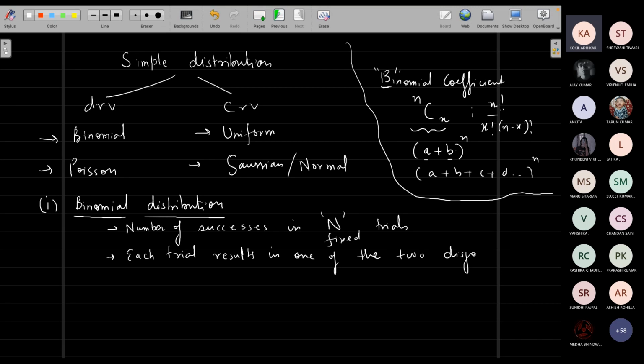So only two possible outcomes are possible: success or failure. And those are disjoint. If success occurs, then failure doesn't occur. If failure occurs, then success doesn't. If the head comes, then tail is not there. If the tail is there, then it is not head. So in a given trial, there can be only two possibilities, and if one possibility occurs, the other cannot occur.